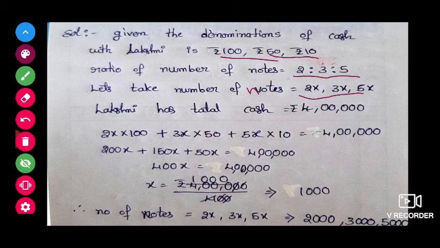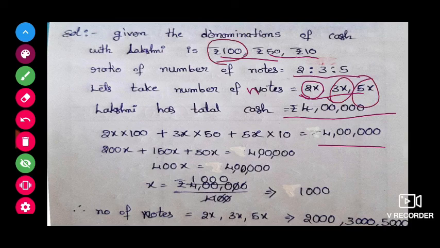Now, Lakshmi's total cash is 4 lakh, as given. The ratio 2:3:5, we have taken as numbers 2x, 3x and 5x. Now, 100 rupee notes are 2x in number.